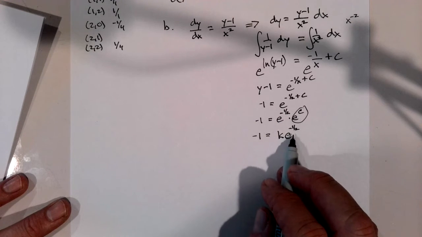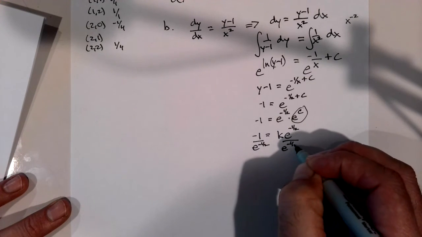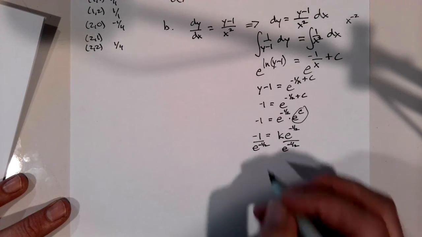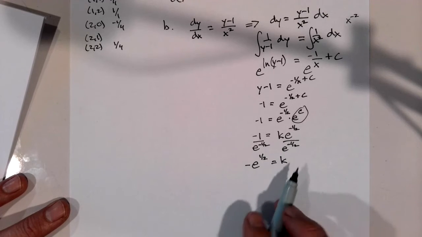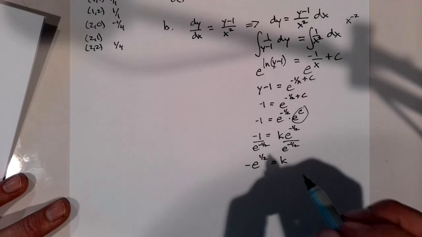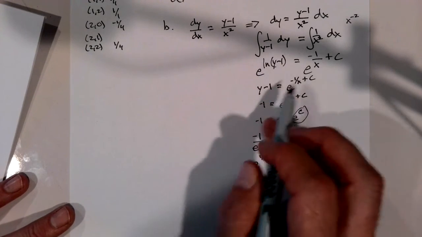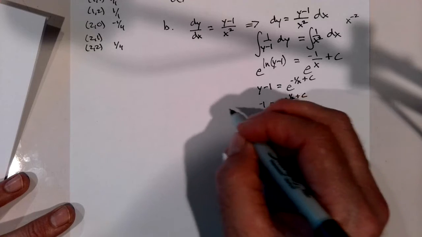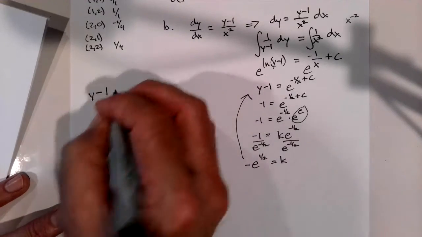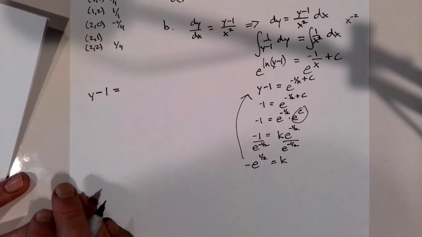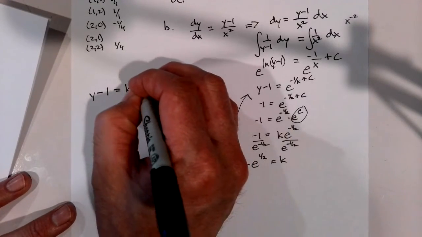If we divide by e to the negative 1/2, the negative is in the denominator, so it's just negative e to the 1/2 power is equal to k, that constant out front. If I wrap that all the way back around to this, I have y minus 1 is equal to some constant k times e to the negative 1 over x.